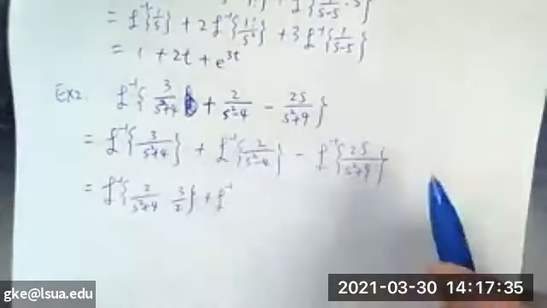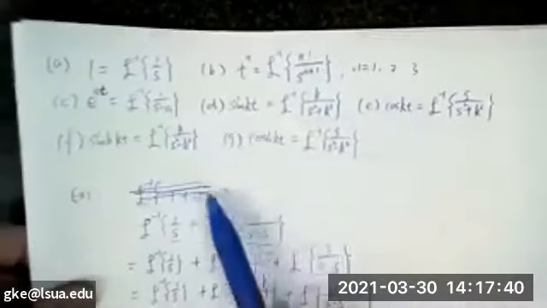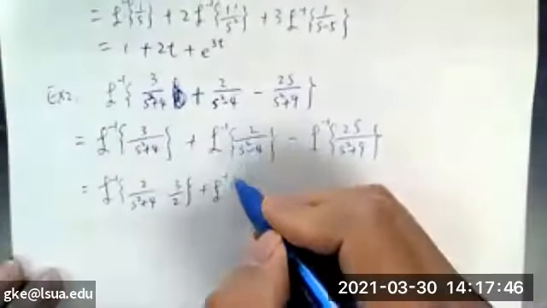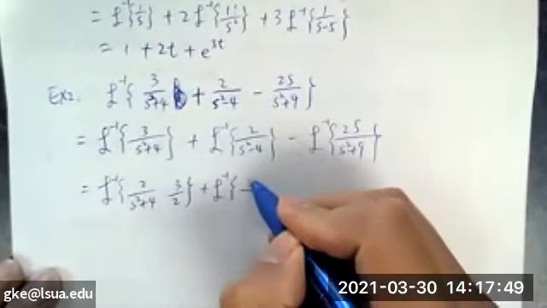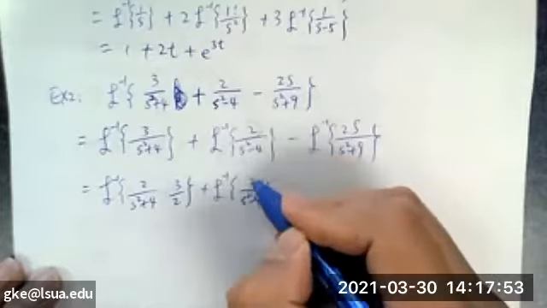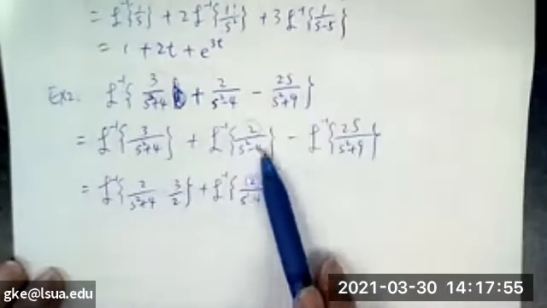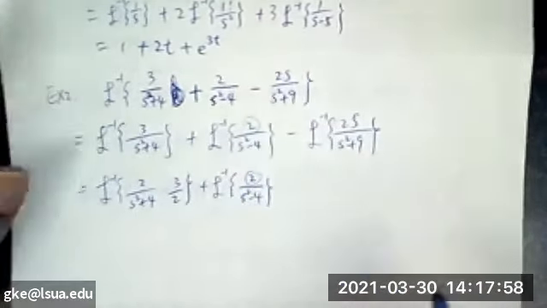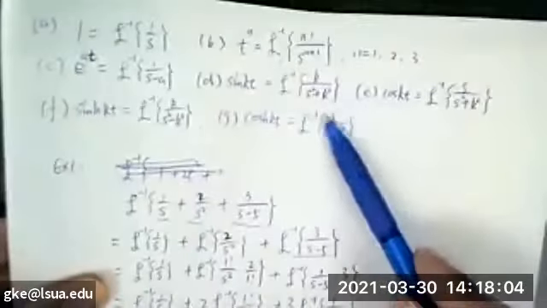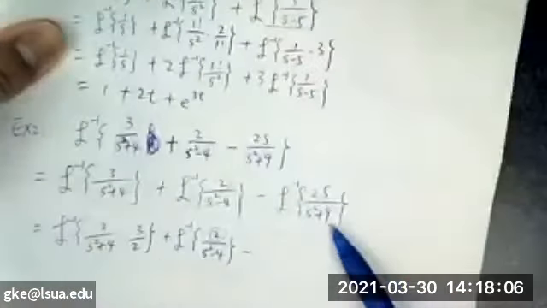And for this term, s squared minus 4 is here. And we can see the K is 2 also. Oh, that's right. We already have the 2, so we don't need to change it because the numerator is exactly K. And for the last term, we have s squared minus K squared.